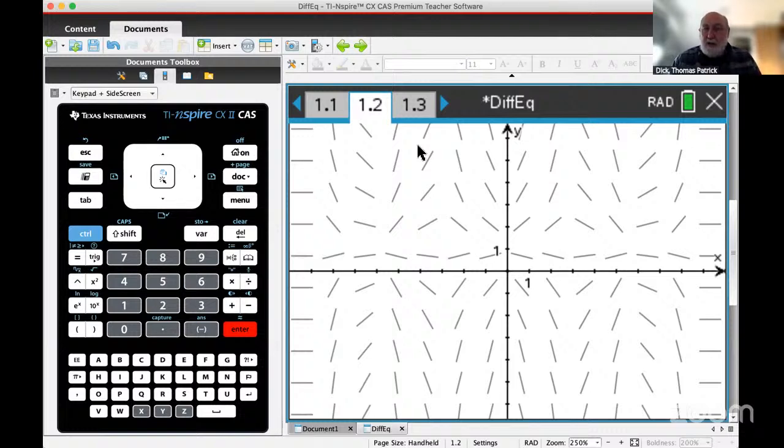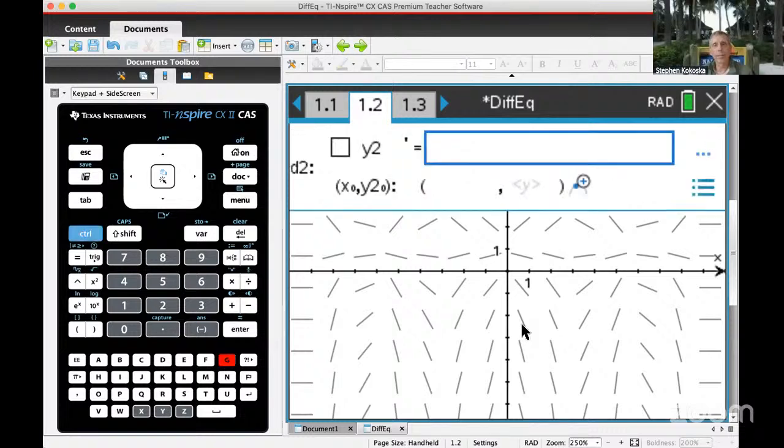This particular slope field, I actually find the default slope fields a little coarse. What I mean is they're pretty sparse. I'd like to have a little bit finer slope field, maybe more like that second one you did on part C. I just want to show where we can do that.